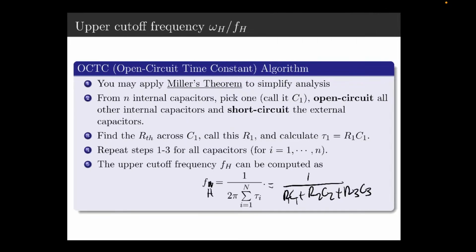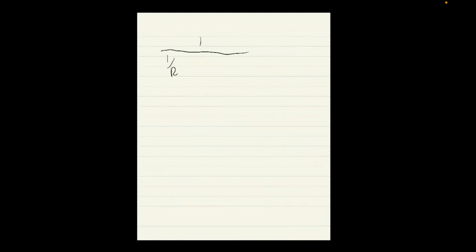So this is going to be, if I did, 1 on 1 on R1C1, plus 1 on R2C2. So I've just taken the double reciprocal of these, 1 on that.